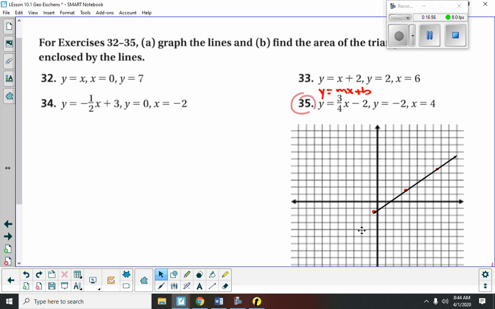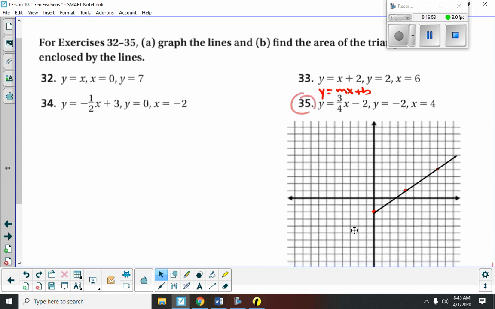So this needs to be at -2, right there. Okay, we won't do it that way. So this next one is a horizontal line at y equals -2. And then x equals, those are vertical lines. So on the x-axis, we go over to 4. 1, 2, 3, 4. And we will draw a vertical line right there.